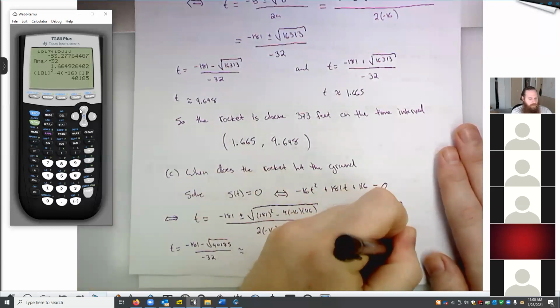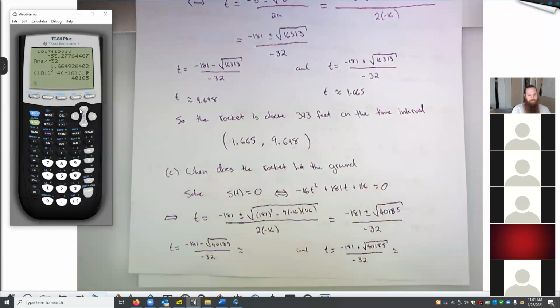I'll plug these into the calculator. For that first one, I'll take negative 181, subtract from it the square root of 40,185. There's my numerator. And now I need to divide this by negative 32.